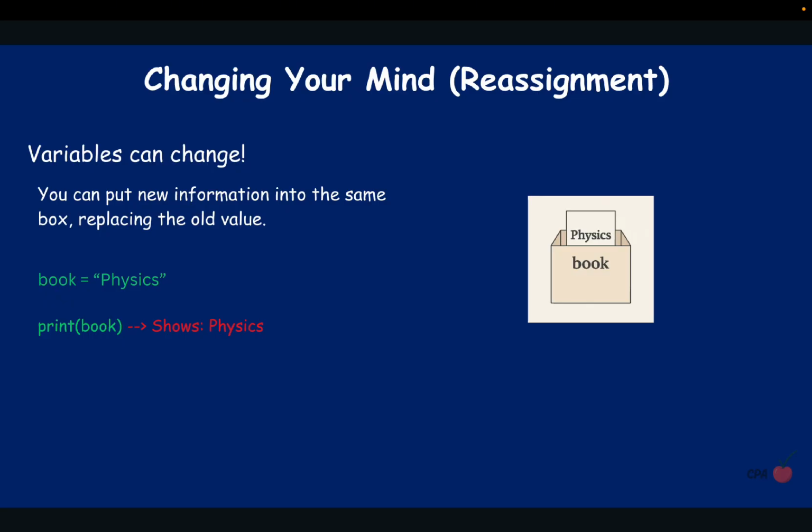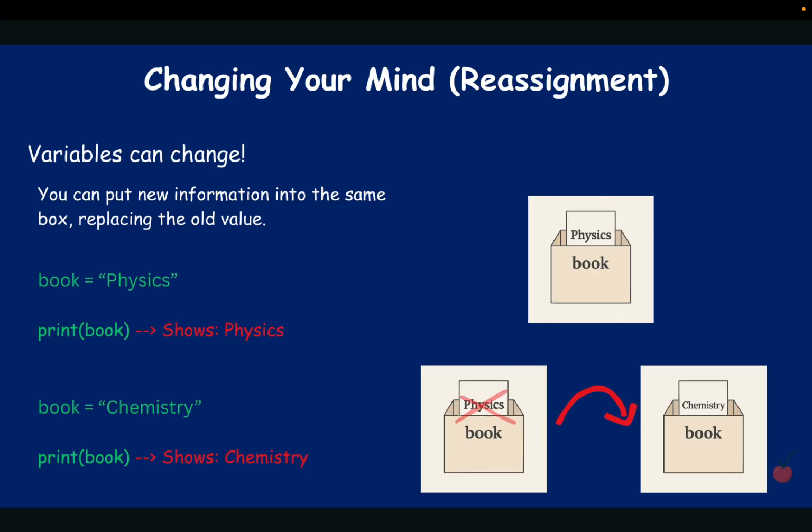What if you want to put something else in the same box? What if you want to put chemistry, the text string chemistry, in the same labeled box? It's very simple in Python. You just reassign another value, in this case chemistry, to the same variable.